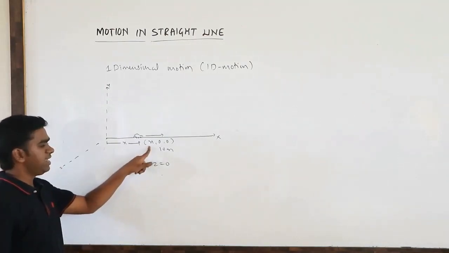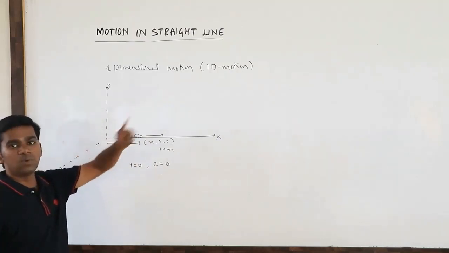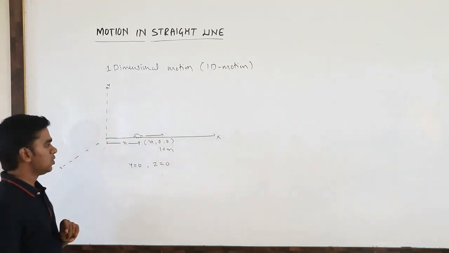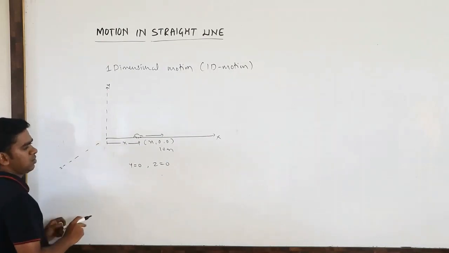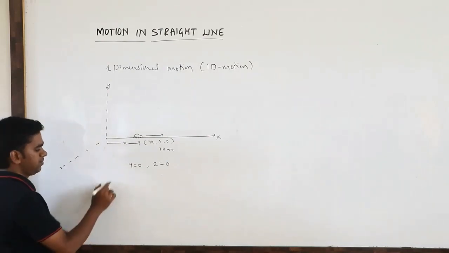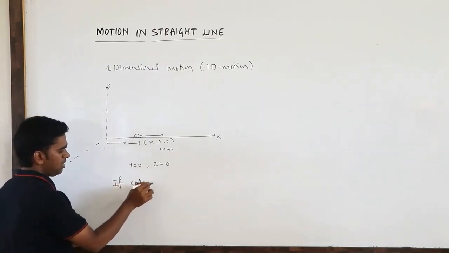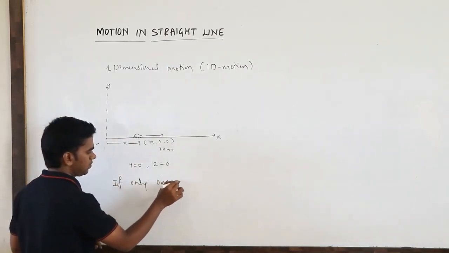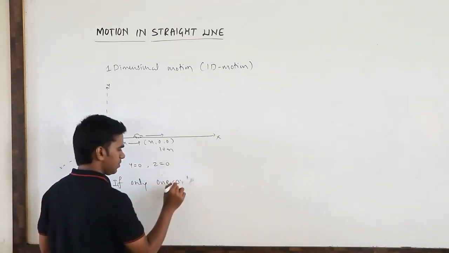That is what? X coordinate. That type of motion is called what? 1D motion. Okay. So how can we define it?